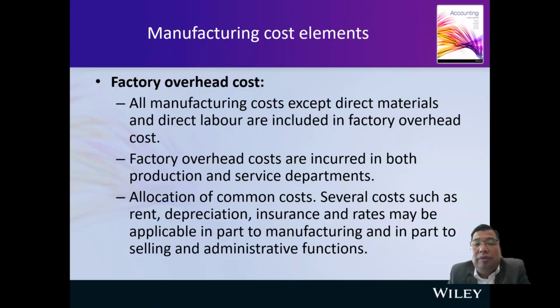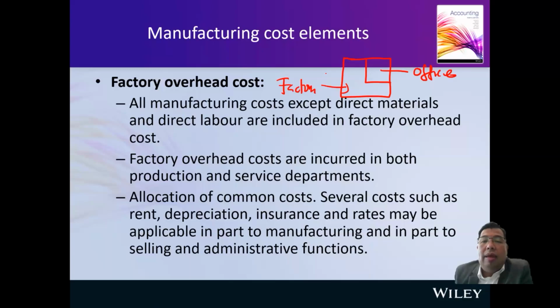Allocation of common costs. Several costs such as rent, depreciation, insurance, and rates may be applicable in part to manufacturing and in part to selling and administrative costs. For example, you have this building. Part of this building is the office, and this is the factory. If you pay rent of 10,000 dirham, I think the office might occupy 25%.